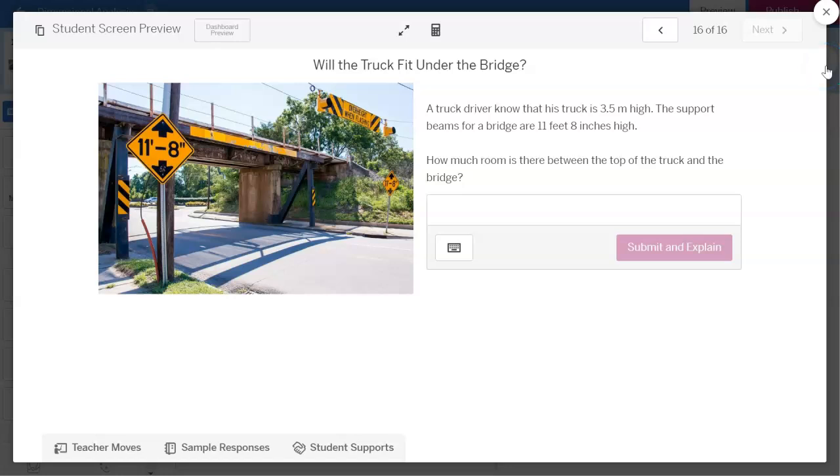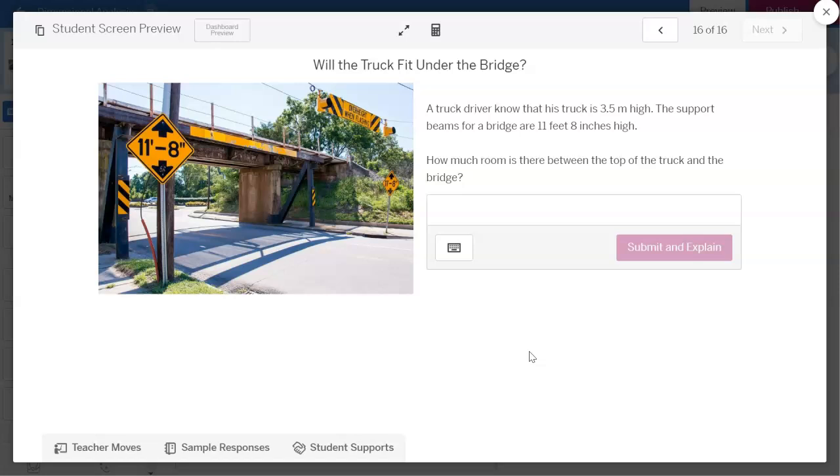We're told in the picture and in the text of the problem that the height of the bridge is 11 feet 8 inches, and we are also told here that the truck is 3.5 meters high. So we'll need to do some conversions. The teacher moves and the sample responses, be sure to check those. They give more than one option here, so you will have to manually look at these answers to see how they're doing.